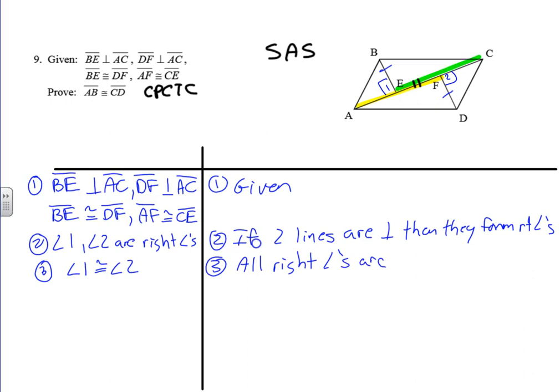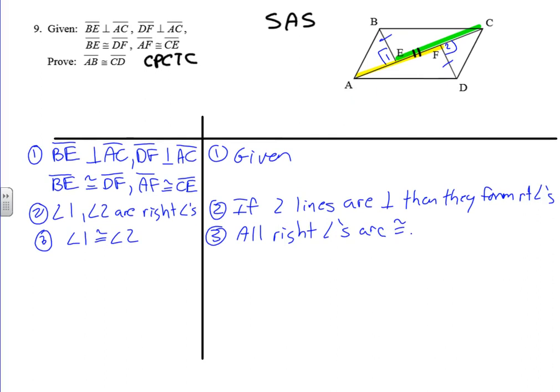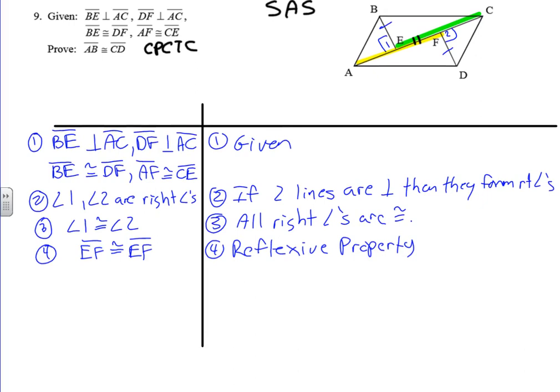Okay. Now, again, the problem with AF is it's not side AE, so we want to shrink it down, and in order to shrink it, we're going to subtract. So I'm going to say that EF is congruent to EF by the reflexive property. Because if we're going to use subtraction, we always want to start with two things that are equal or congruent to each other. So at this point, we now say, all right, AF minus EF is congruent to CE minus EF.